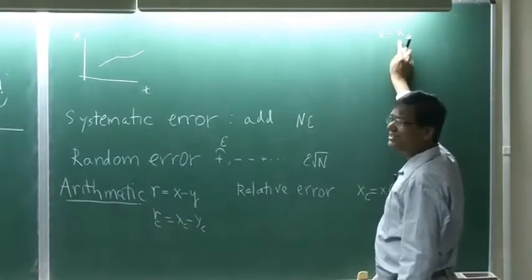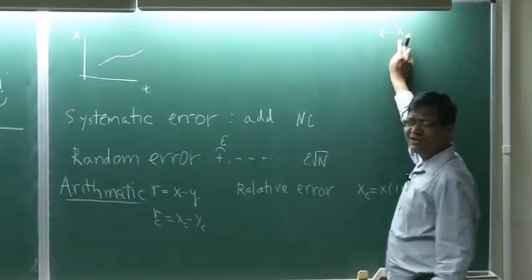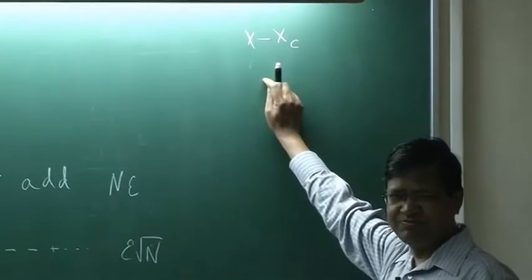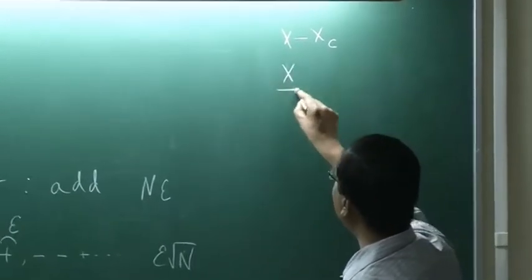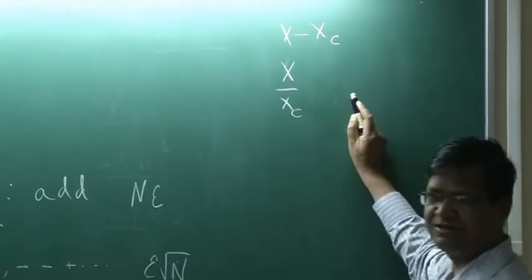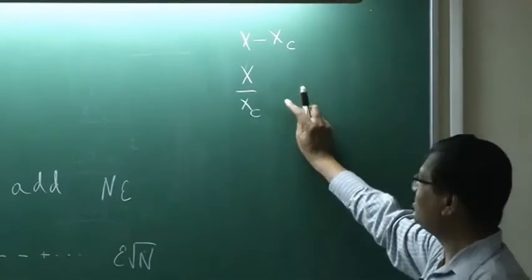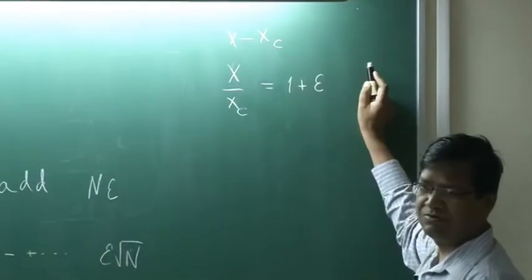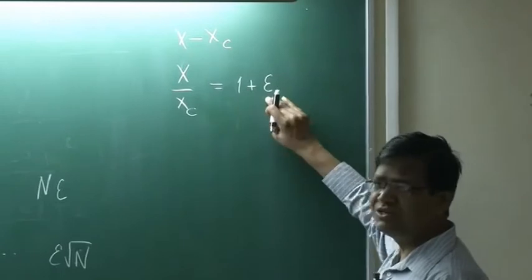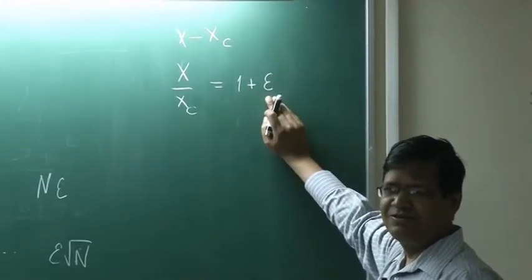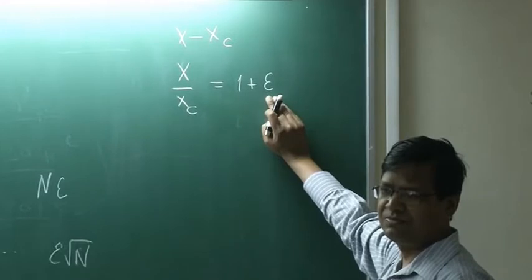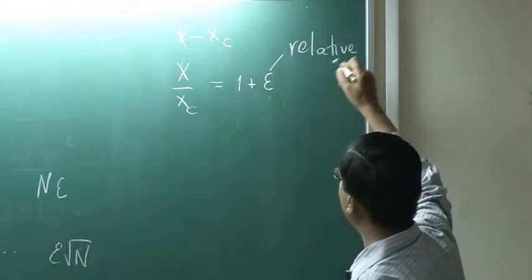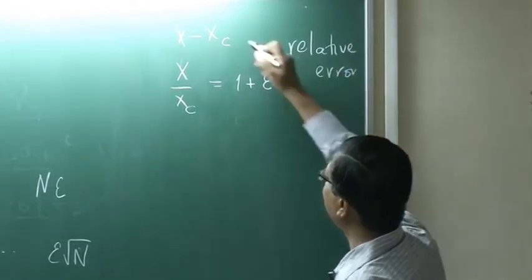If the number is small, then x minus xc is small. That does not mean that I am doing it right; the number by its own nature is small. However, if I ask what is the error in this, so if this is small and this small, then we write this as 1 plus epsilon. Okay. So, this is a good measure of your operation. So, this is called relative error. And this is absolute error.